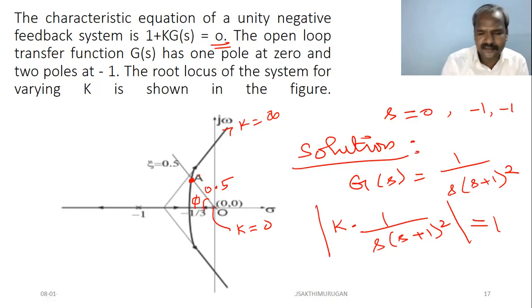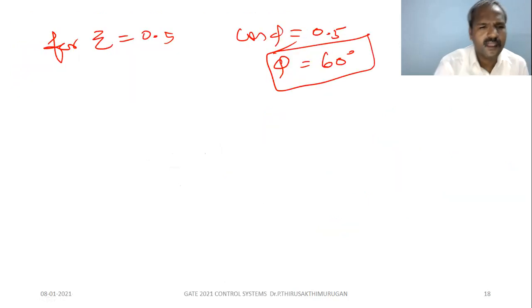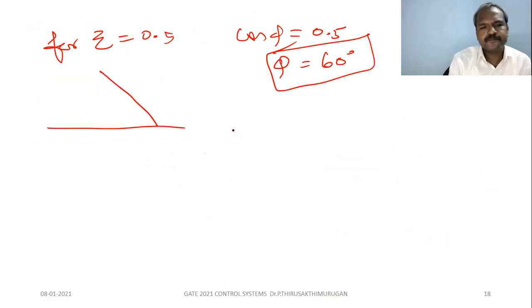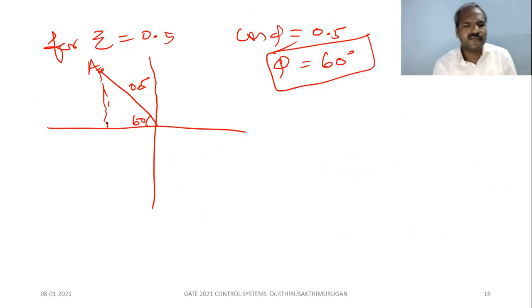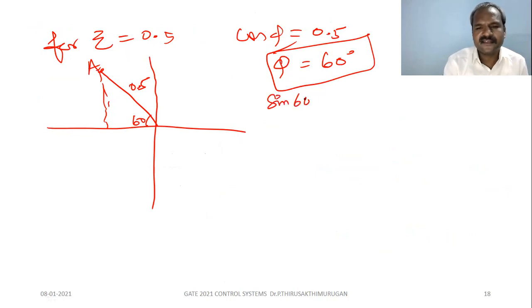Let us find the other coordinate. So let us take this coordinate. This is point A, this is 60 degrees, and this is 0.5. What about this distance? Sine 60 equal to root 3 by 2.